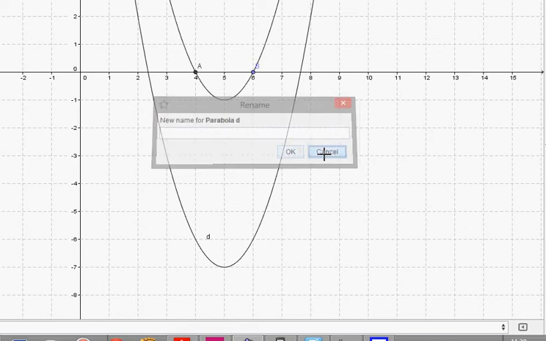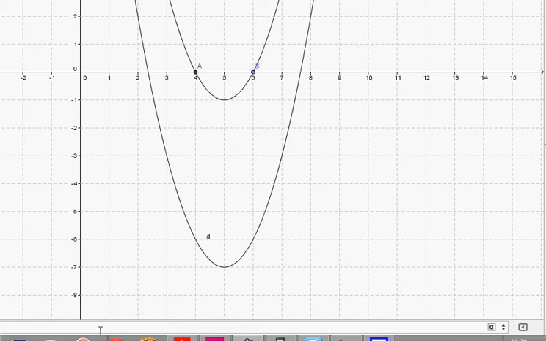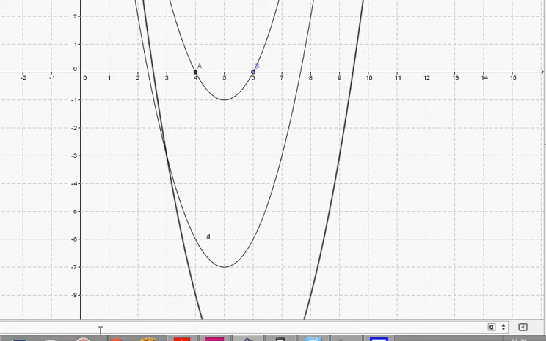Y equals x squared minus 12x plus 24. It's the one in the middle.